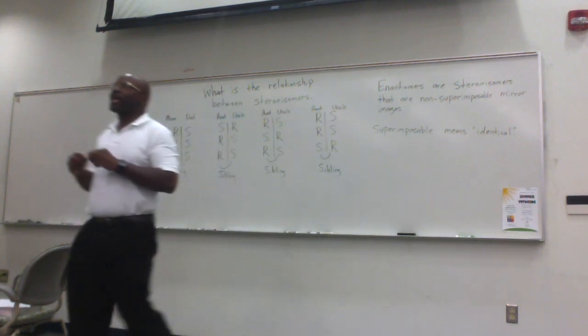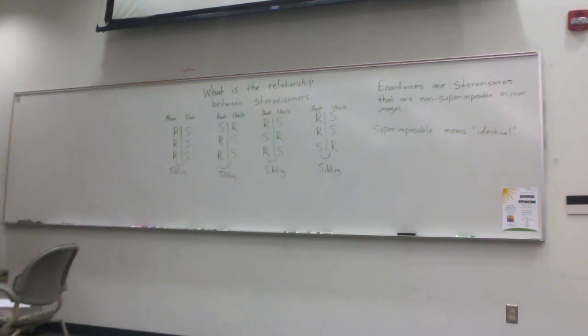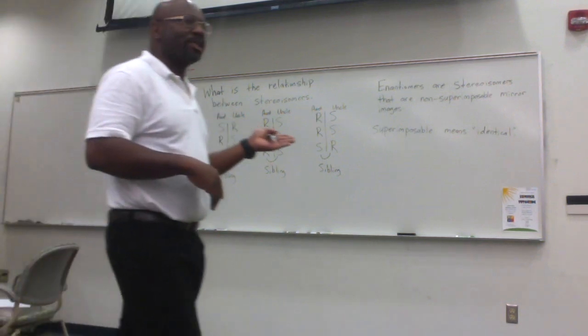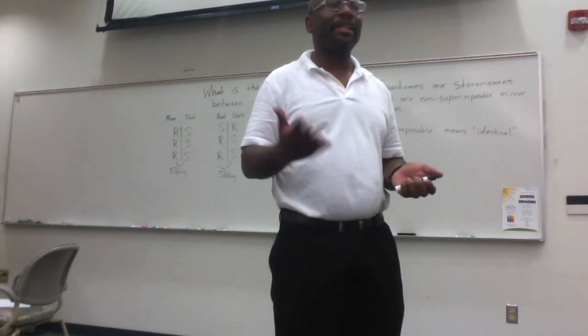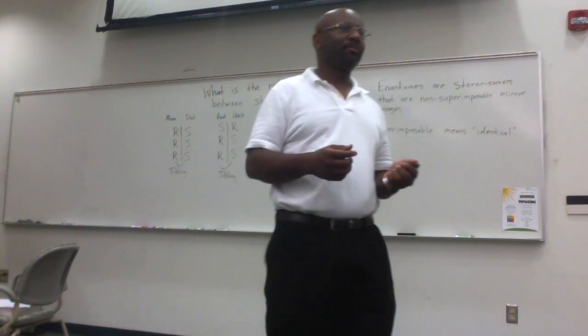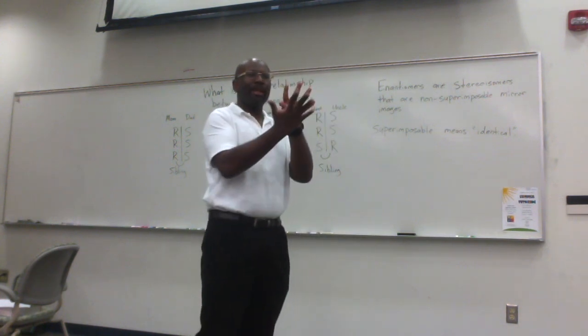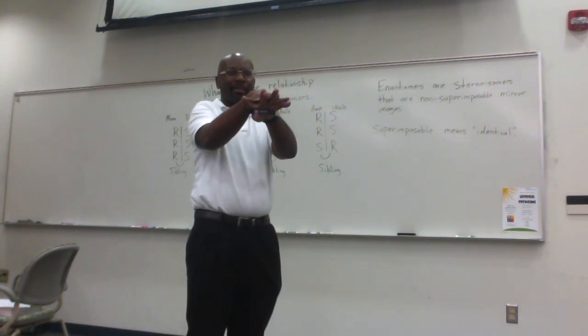If you want to use the word non-identical instead of non-superposable, I'm not mad at that. But when you see the word superimposed, all it means is identical. So it's like a mirror image: when you try to line them up together, they're not identical.